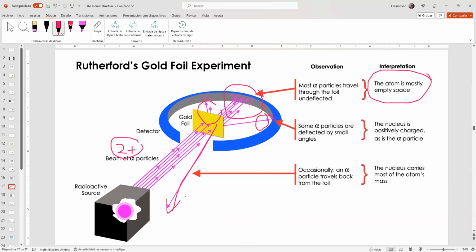So the alpha particles came back. Well, this is the well-known Rutherford's gold foil experiment, and because of this, he said that most of the atom is empty space, and the nucleus is positively charged and is only a very small part of the atom.